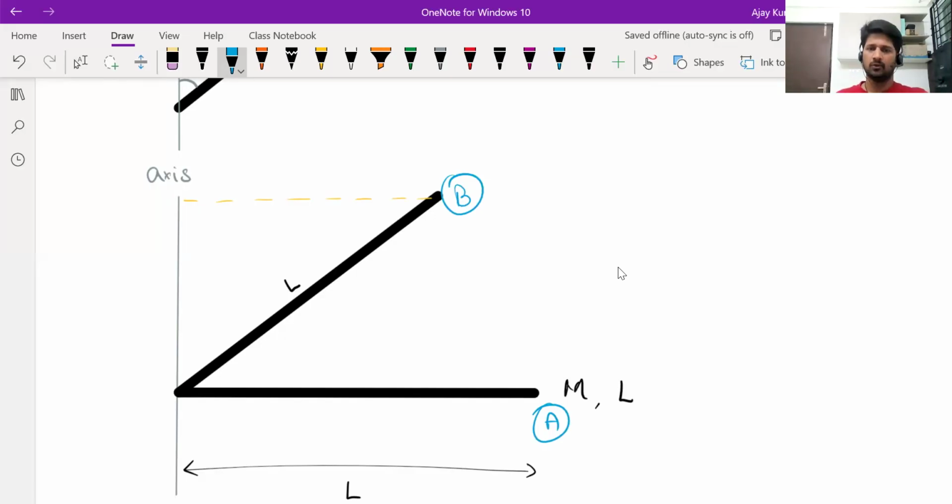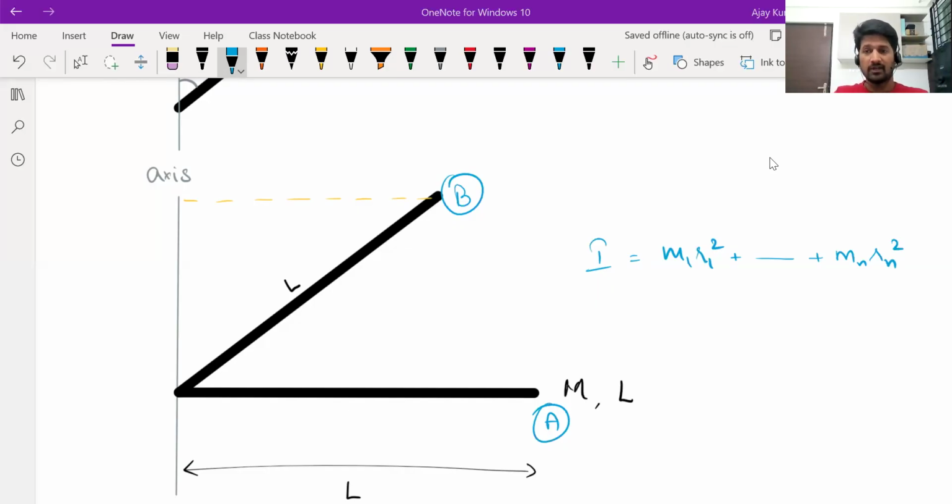If particles come close, moment of inertia is summation of mr square, so m1 r1 square plus m2 and so on up to mn rn square. Particle mass is not changing, but some particles are coming close to the axis. Rishi, you tell me now. If particles come close to the axis, what happens to r values, r1, r2, and so on? Will that increase or decrease? Sir, it will decrease.